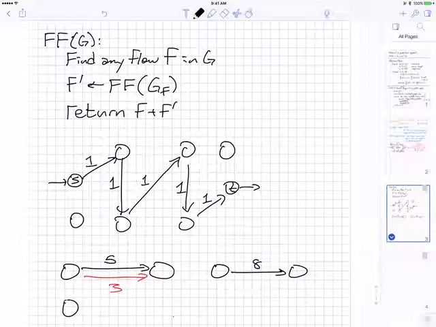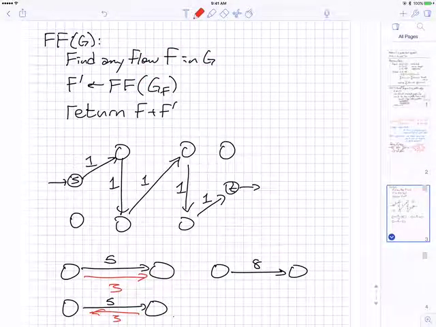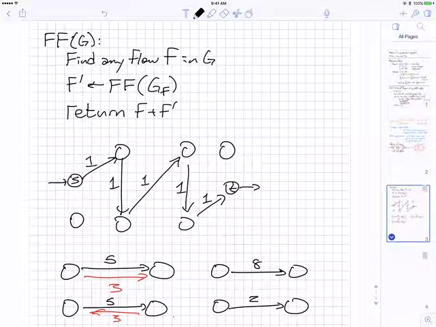But if in my original graph I found a 5, and in F prime I found a 3 going backwards, then when I say add, I mean add with the appropriate sign. So this is how you add flows.